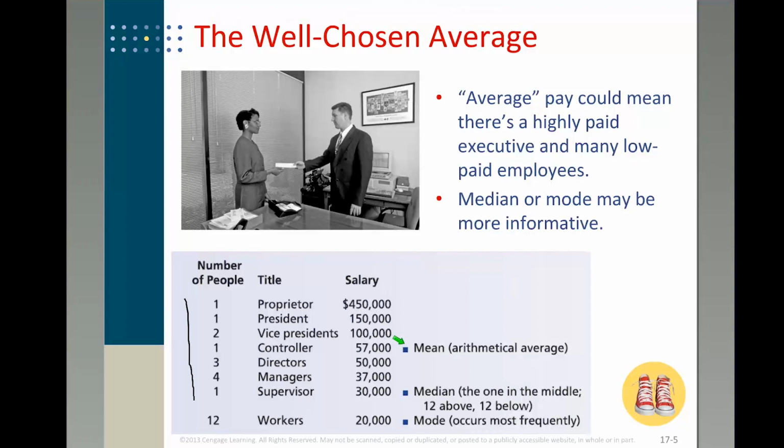So in this case, a better measurement would be the median. What is the median? The median is the number in the middle when you rank order all the numbers in the sample or the population.